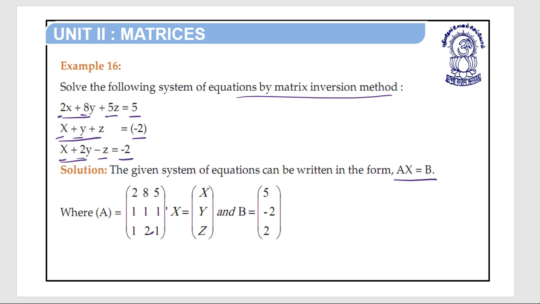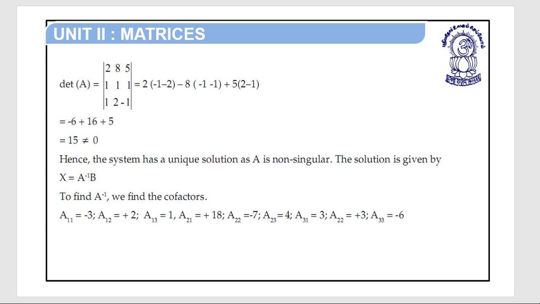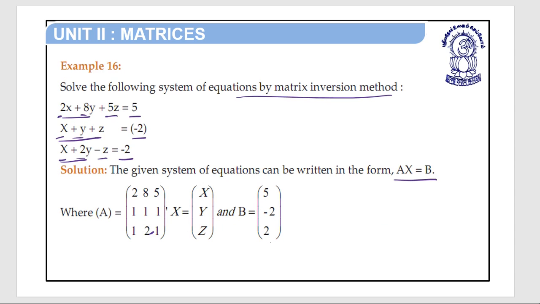X is equal to x y z and B is equal to 5, minus 2, and minus 2.